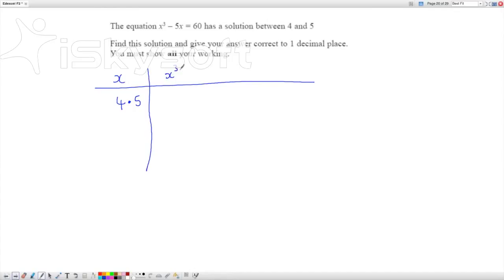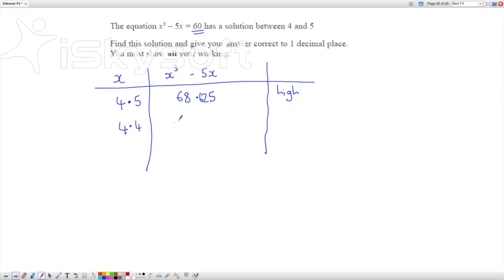Substituting that here, x to the power 3 minus 5x, using your calculator, you'll get a value of 68.625. We then compare this to the answer here of 60. And we can say that this, 68, is too high. So we must bring down our x.